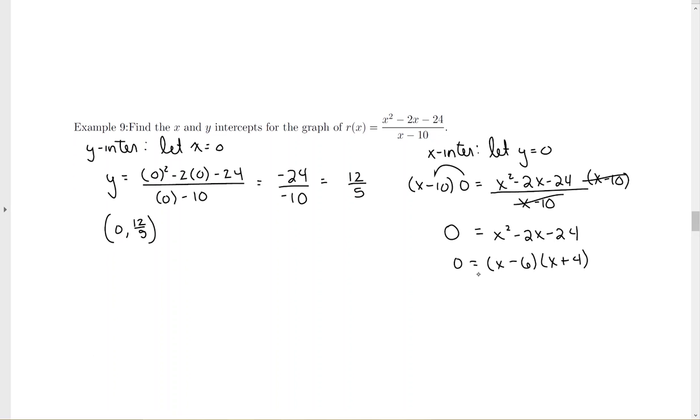And this one's going to happen to have 2 x-intercepts. Set each factor equal to 0, solve for x. So you got x equals 6 or x equals negative 4. So as a point, it would be 6, 0. And then again, the other is negative 4, 0.